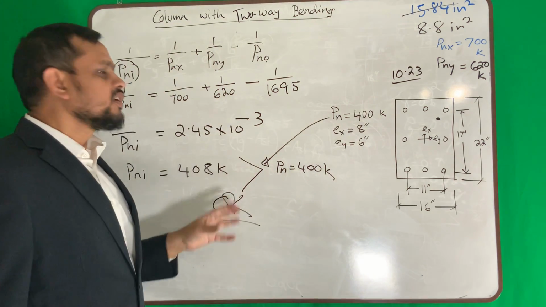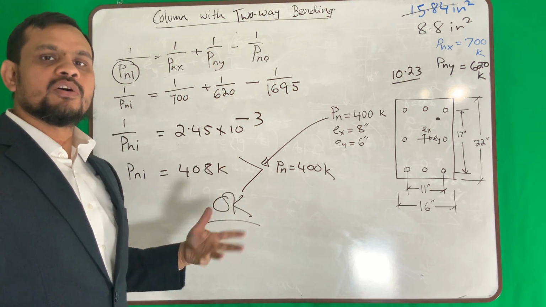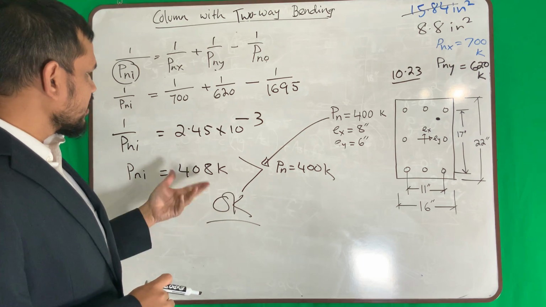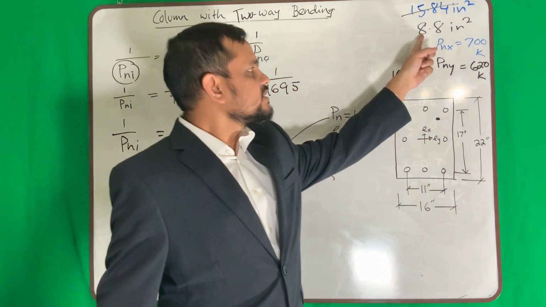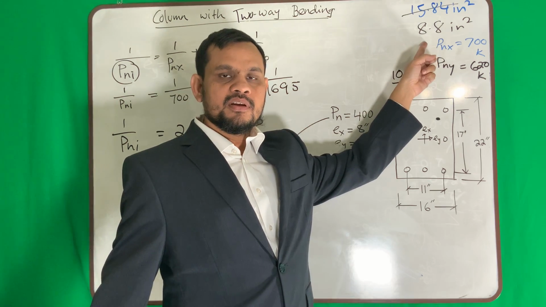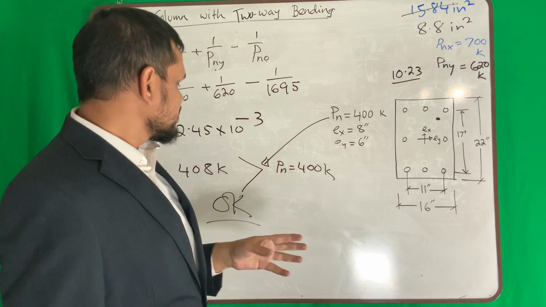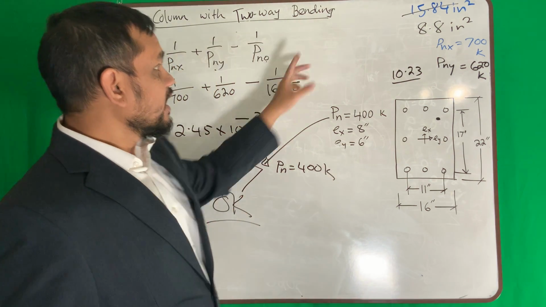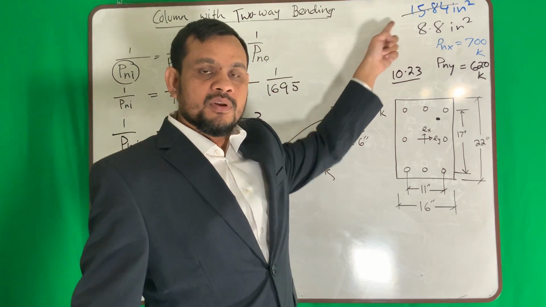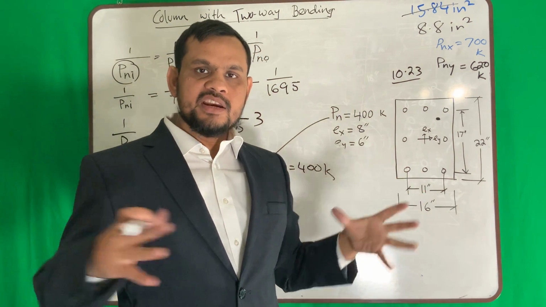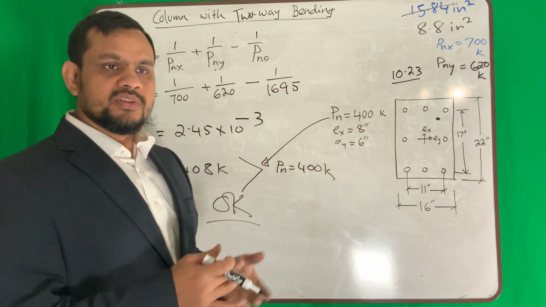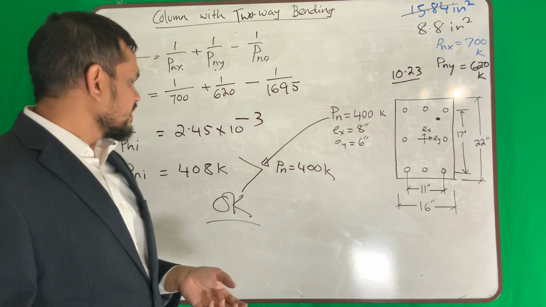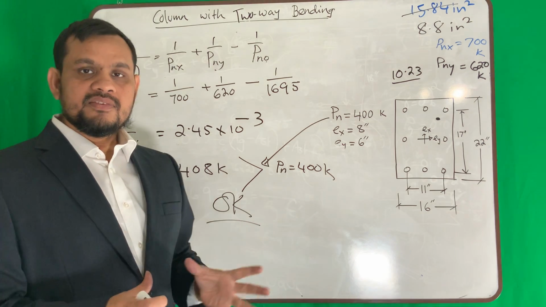Now if it is not okay, what would we do? If it is not okay, then we'll go back and increase this reinforcement. But luckily here it is okay. And you can see the first time when we just added together, we got 15, almost double. So this method is better. At the same time, this method is labor intensive.